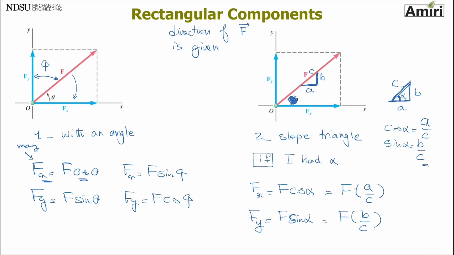When I want to find Fx, I use A, which is parallel to x. When I want to find Fy, I use B, which is parallel to y. There is no more sine or cosine. There is nothing else. It's just the magnitude of F, A over C, B over C.